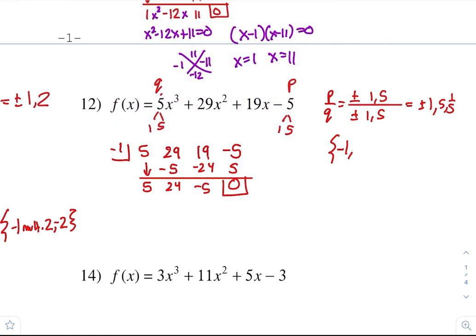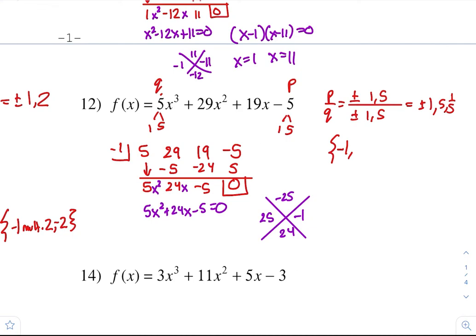Now, remember, this is a degree of 3, so that means this is 1 degree less. So 5x squared, and then x to the first, and then x to the 0. So look at here, we got a quadratic, the highest degree of this polynomial is now a 2. So we can factor this by grouping. On top, a times c is negative 25, and on the bottom is 24. So we got 25 times negative 1.